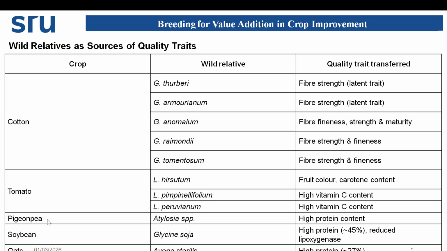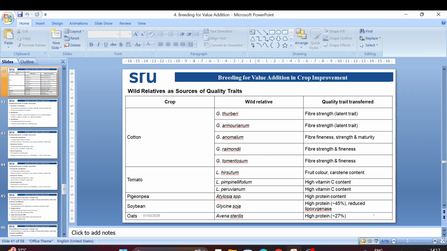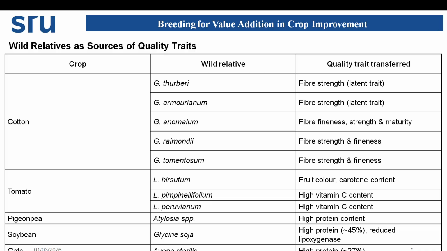In case of pigeon pea, for high protein content, Atylosia species. In soybean, high protein content and reduced lipoxygenase, Glycine soja. Oats, high protein, approximately 27%, Avena sterilis. So these are some wild relatives which can act as a source of quality traits in those respective crops.